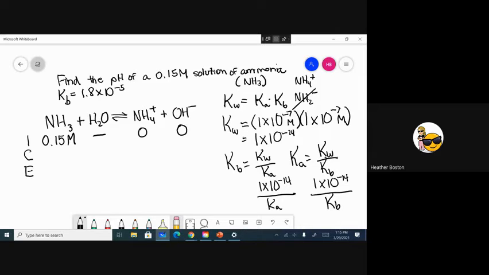Remember with ICE charts, the initial is going to be before any dissociation occurs at all. And then obviously we're going to have a minus x, plus x, plus x.